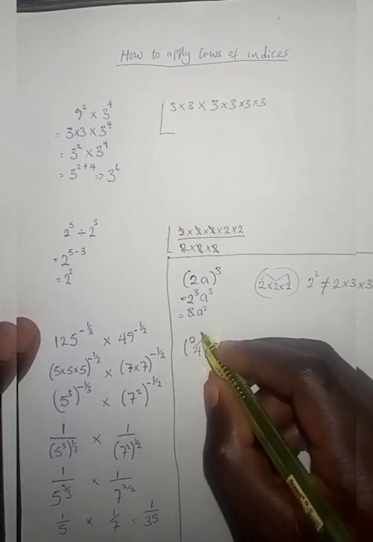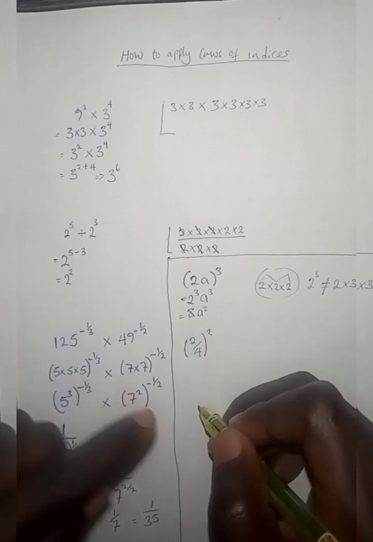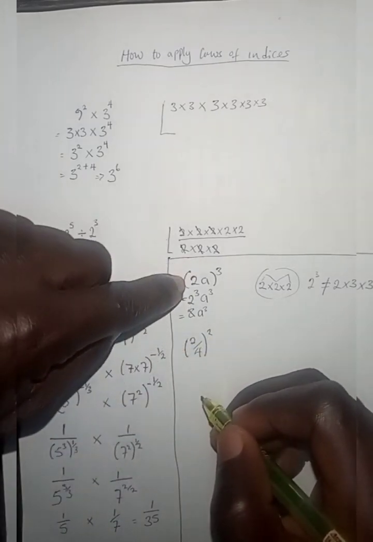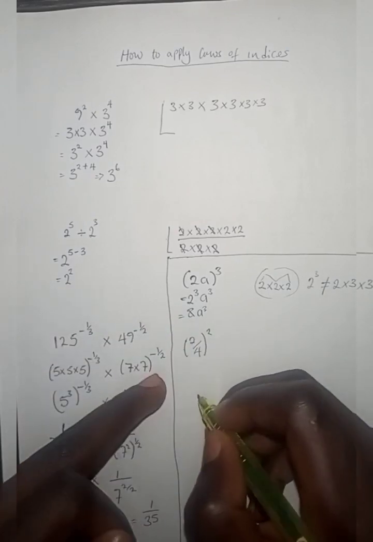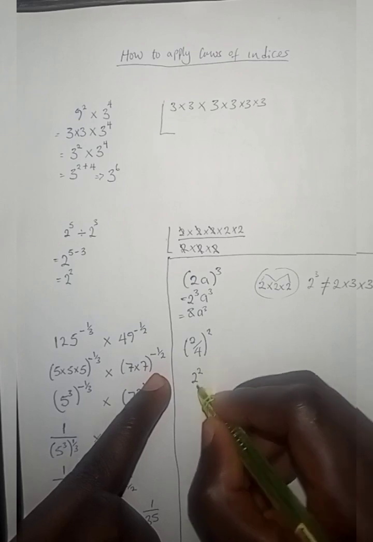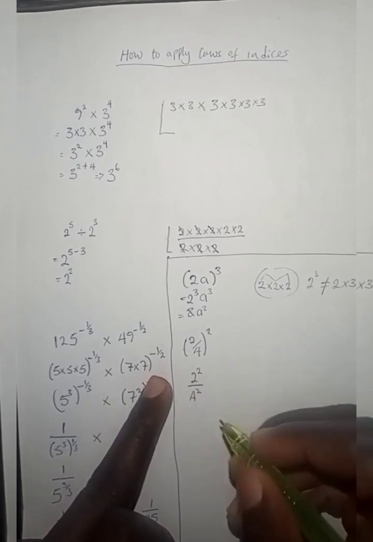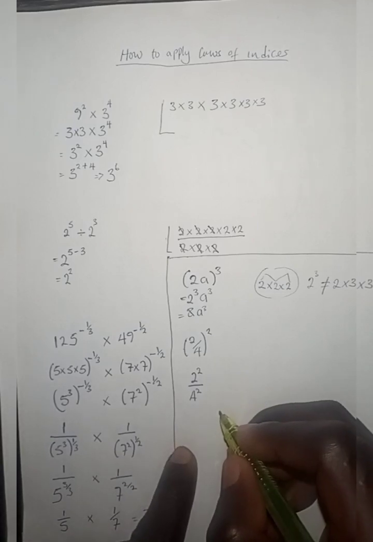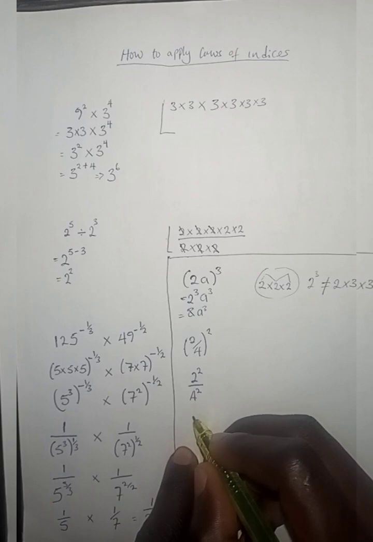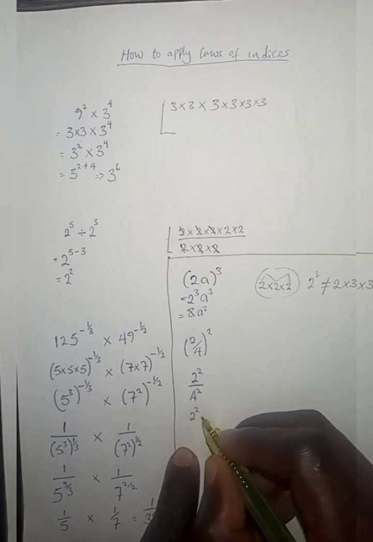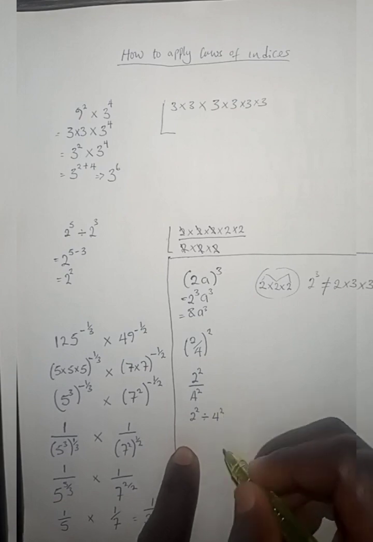And we also have 2 to power of 4, all to power of 2. This is also the same as this. The power is for both 2 and 4. So we'll have 2 to power of 2 over 4 to power of 2, which is 2 to power of 2 divided by 4 to power of 2.